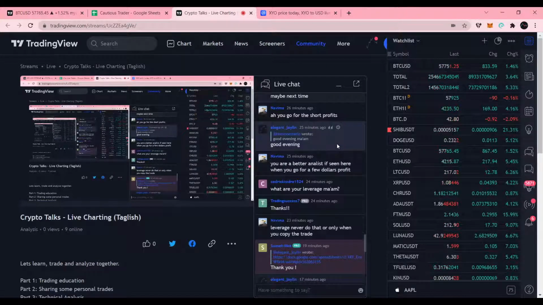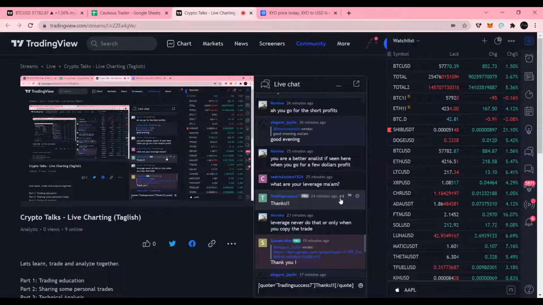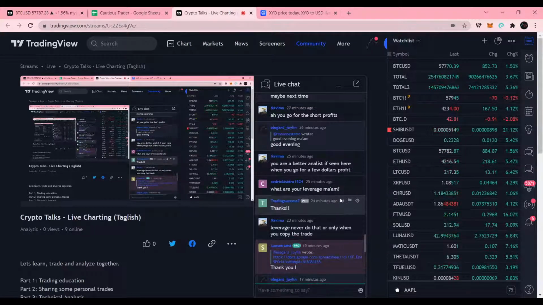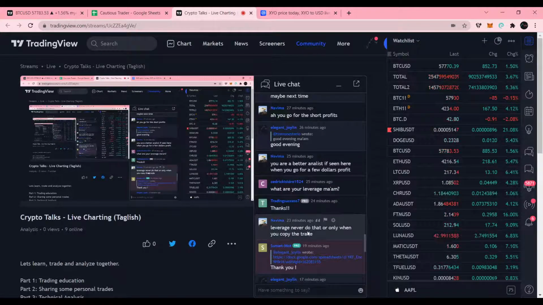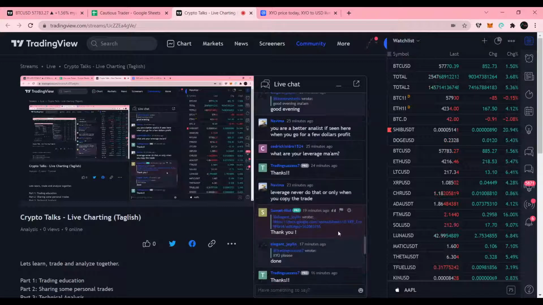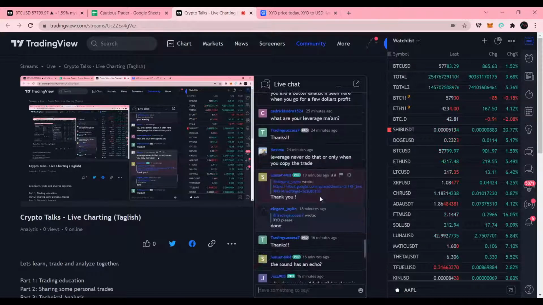Cryptocurrency is already very risky, and trading futures is even riskier. So that's it. Never use leverage, or only when you copy the trade. It's for the trader to decide, I think.